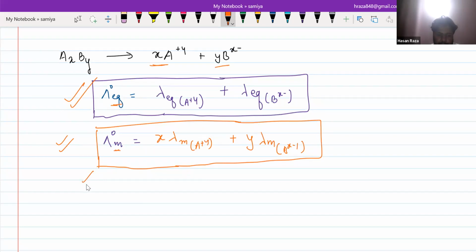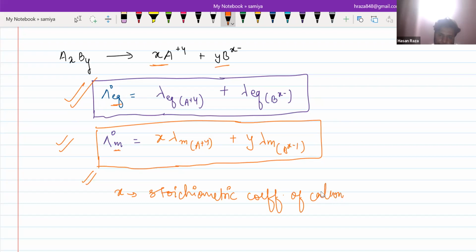So please write it. What are x and y? x is the stoichiometric coefficient of the cation, and y is the stoichiometric coefficient of the anion.